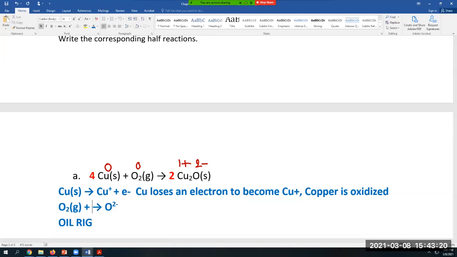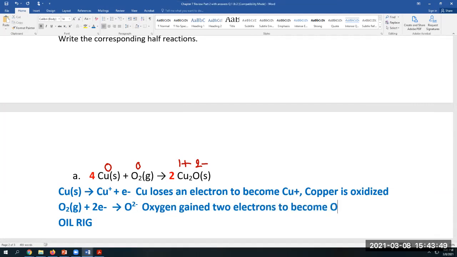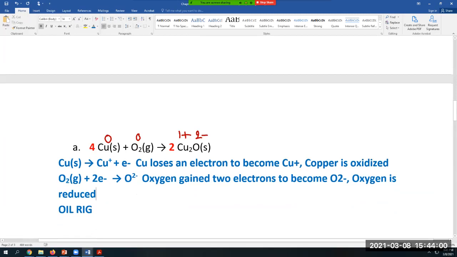So we need to add 2 electrons on the left side to show that O2 gained 2 electrons to become the oxide ion. And so that means oxygen gained electrons, right? So oxygen gained 2 electrons to become O negative 2. So that tells you that oxygen is reduced in this reaction because it gained electrons. We know now that reduction is gain of electrons.